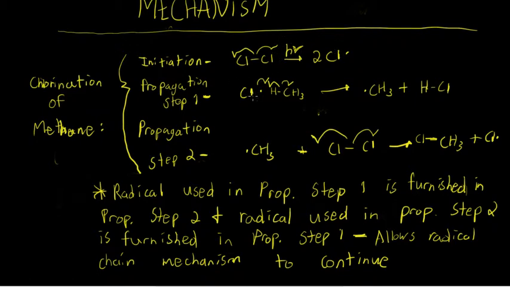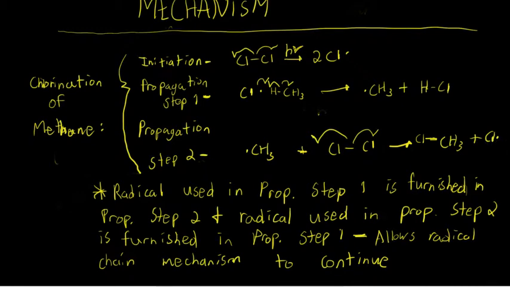This furnished chlorine radical abstracts a hydrogen from methane and furnishes the methyl radical and HCl. Then in propagation step 2, the methyl radical furnished in propagation step 1 reacts with diatomic chlorine to give you the chloromethane and the chlorine radical.